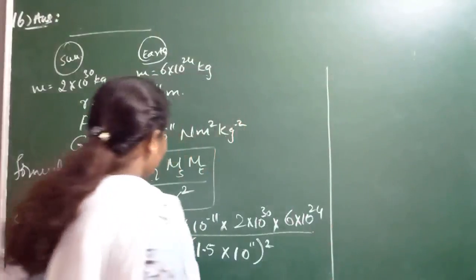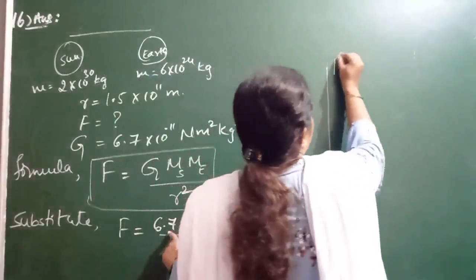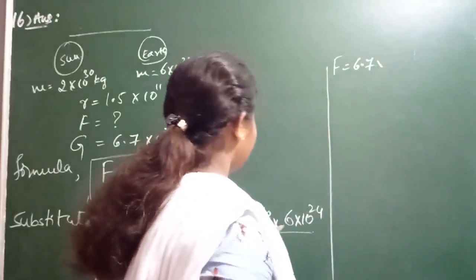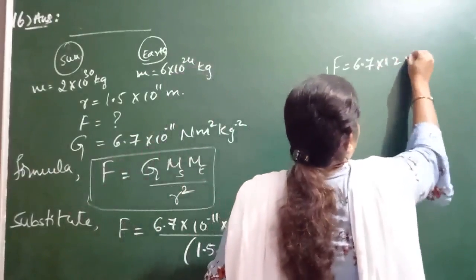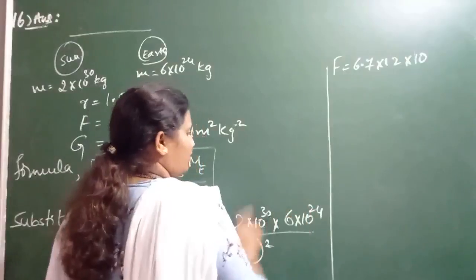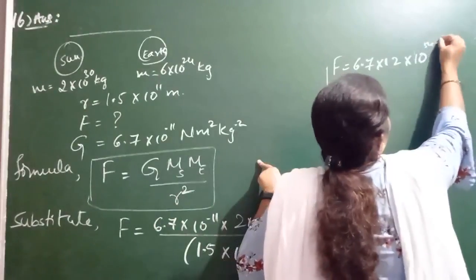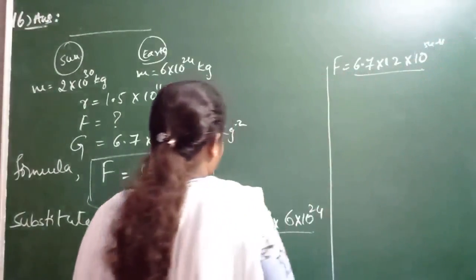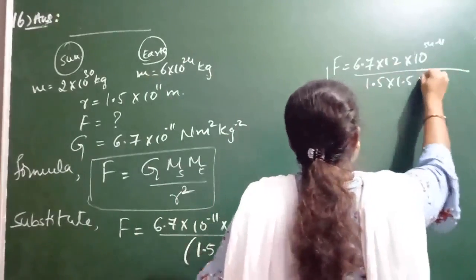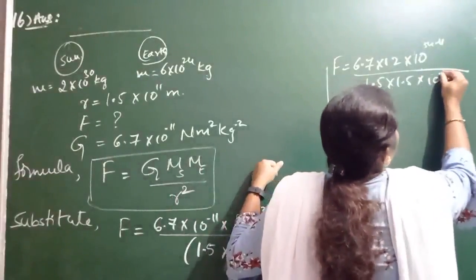Now let us take all exponents to one side, children. That is, F is equal to 6.7 into 2, 6 12, into 10 to the power of, what is that, 30 plus 24, that is 54, 54 minus 11, isn't it, children? 54 minus 11, divided by 1.5 into 1.5 into, what is that, 10 to the power of 11 into 2, nothing but 10 to the power of 22.